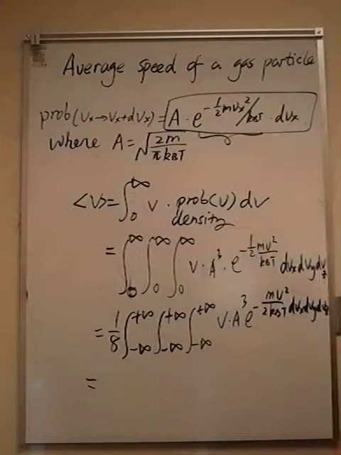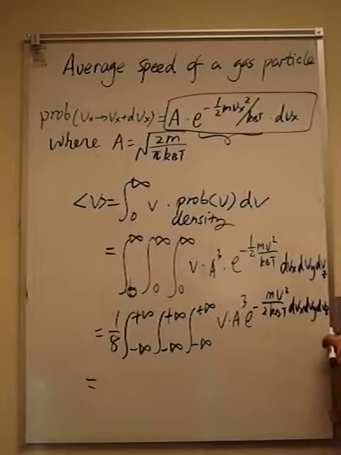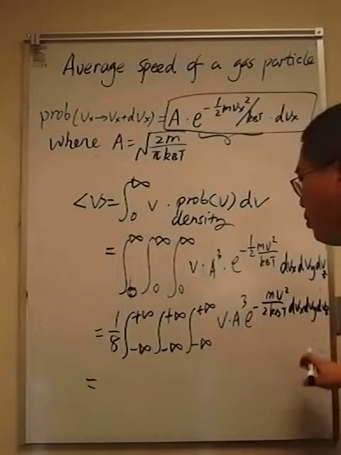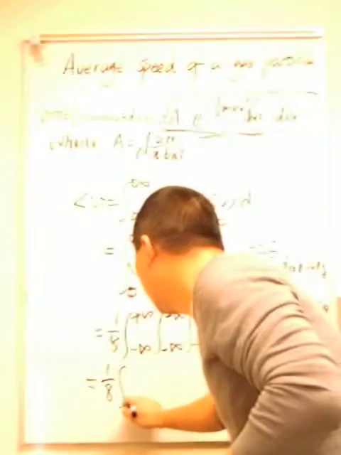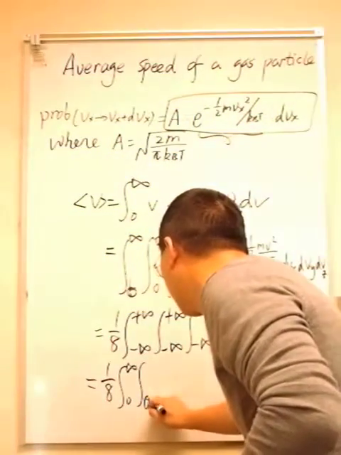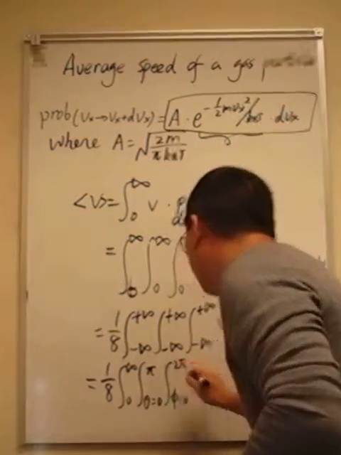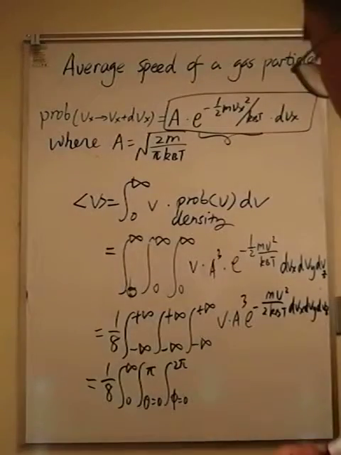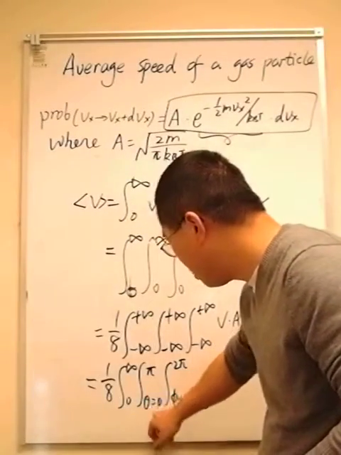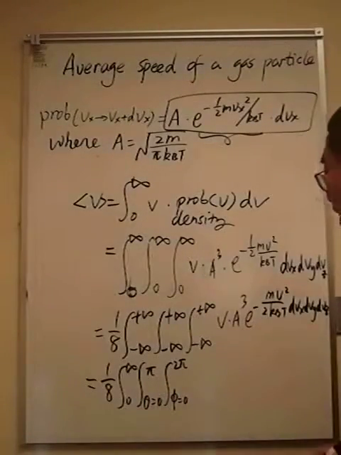Next step, we will use our knowledge in multivariable integral calculus to convert these Cartesian coordinates to spherical polar coordinates. I will not show you the derivation here. But I want you to imagine the Earth. You have the latitude with a span of 180 degrees and the longitude with a span of 360 degrees.